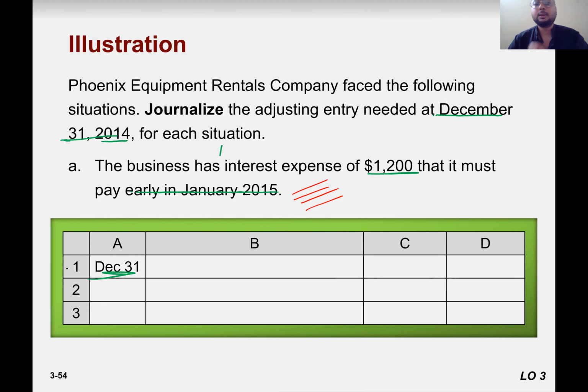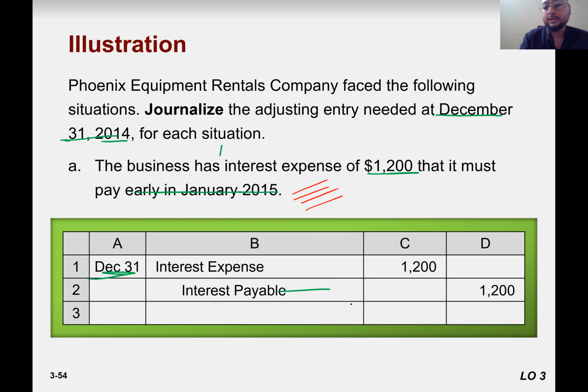So this is an expense of 2014, matching principle. So the entry would be interest expense to interest payable, right? Payable will go to the balance sheet, but expense will go to the income statement of 2014, right?